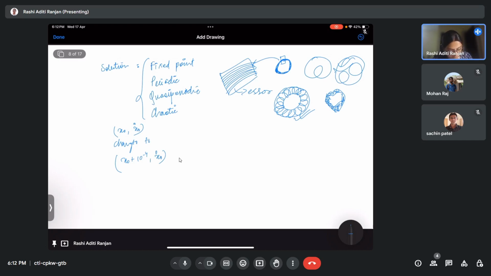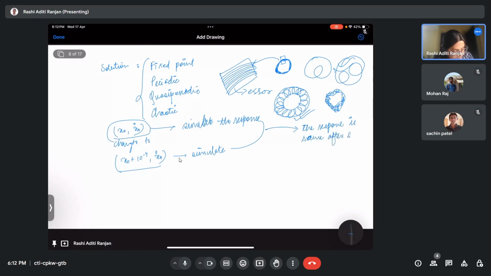Take this initial condition, simulate the response, then take this other initial condition and simulate again. Then there can be two things. First, if the response is the same after some time, what does this mean?